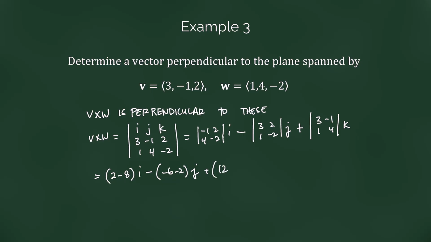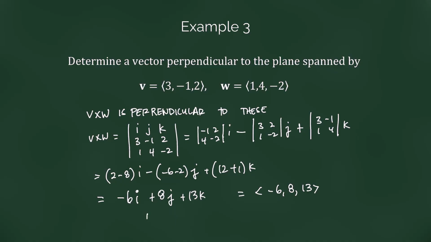Now, if you're noticing that this is the same vectors we used in the last example, you're correct. And so we end up with the vector negative 6i plus 8j plus 13k, which we can write as the vector negative 6, 8, 13.